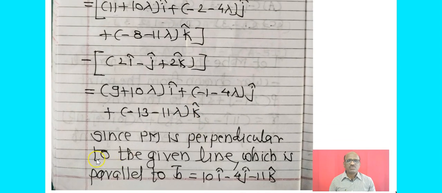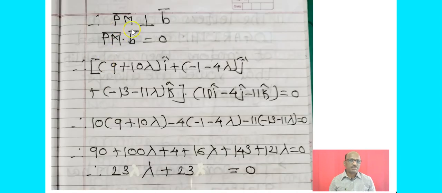Since PM is perpendicular to the given line, which is parallel to B bar, therefore PM bar is perpendicular to B bar, and therefore their dot product is 0. We find their dot product: (9 plus 10 lambda) i plus (minus 1 minus 4 lambda) j minus (13 minus 11 lambda) k cap dot the vector B bar, that is 10i cap minus 4j cap minus 11k cap, equals 0.